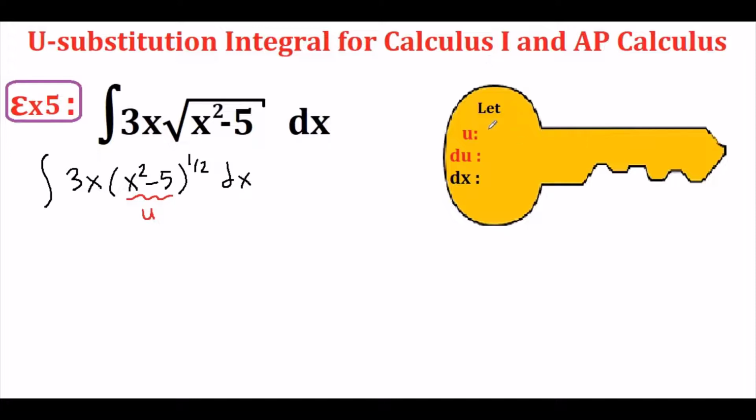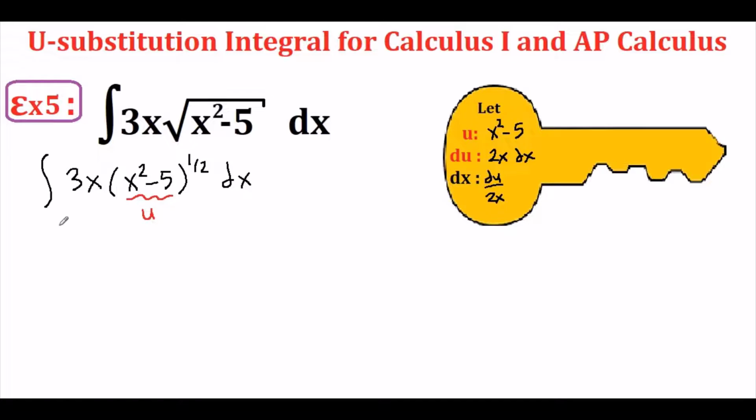So let u become x squared minus 5. Then du will be the derivative of this. Derivative of x squared is 2x, and derivative of 5 is 0. So derivative of this is 2x dx. And if you solve for dx, it's going to be du over 2x if you divide both sides by 2x.